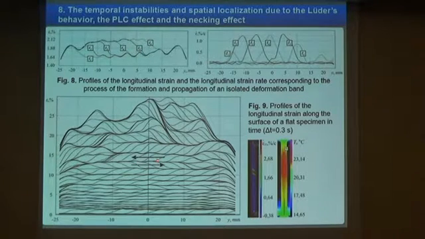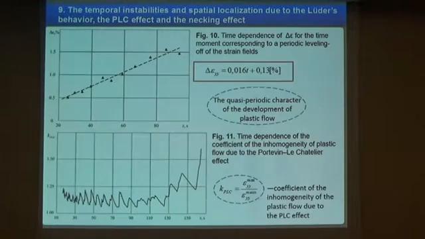So these arrows correspond to the propagation of the single band. When one band reaches the opposite part of the specimen, the level becomes practically equal on the surface of the specimen. So we can see a quasi-periodic effect during the uniaxial tension on this type of material.